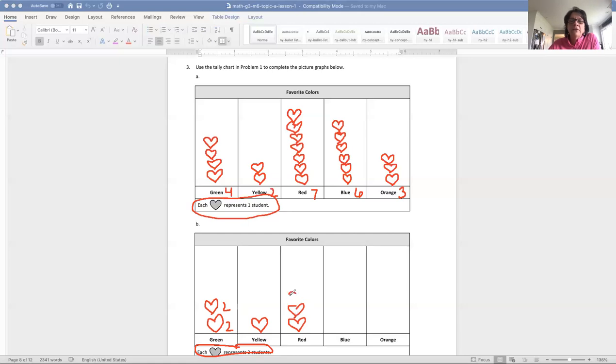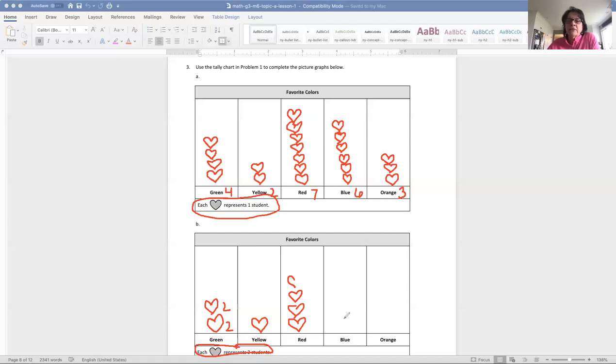Now if I draw another full heart, that would be 8 votes. I don't want 8 votes, I only want 7. So if you think about how I can represent 1 vote with a heart, what about if we just draw half of a heart? And I think we would all agree that that's a good way to represent 1 vote with half of a heart. So here we've got 2, 4, 6 plus half of 1 would be 7.